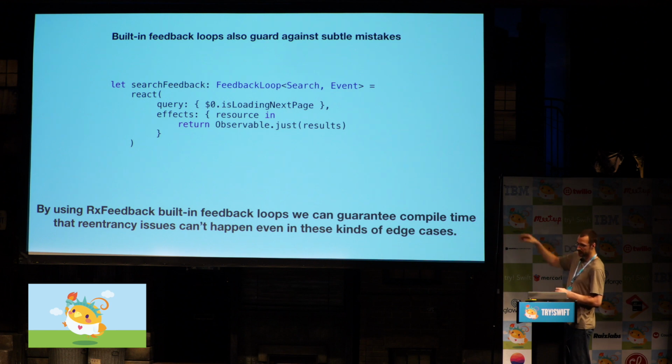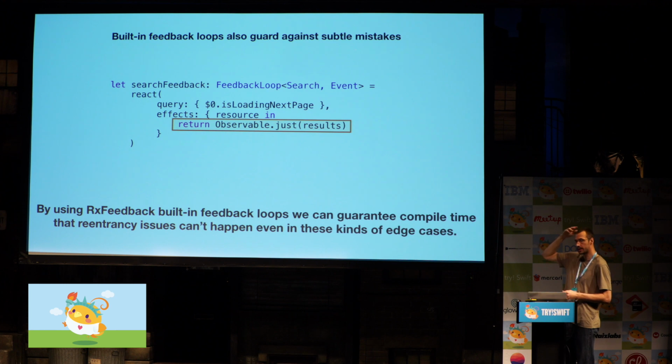Basically, I've taken the feedback loop you've previously seen that takes some data from an API, and I've replaced it with something that just immediately returns a value. So when can this happen in a real-life app?